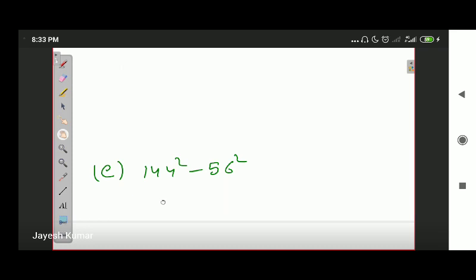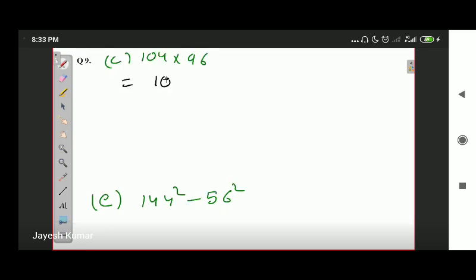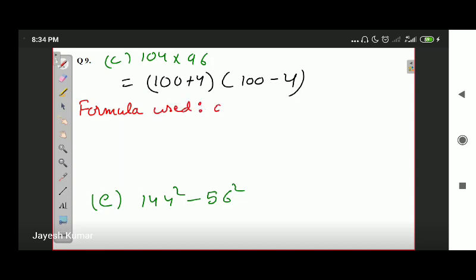And like I have already told you how to expand it, we will expand it as 100 plus 4 and 100 minus 4. Once again, I will apply the identity. The identity used here is a plus b into a minus b.